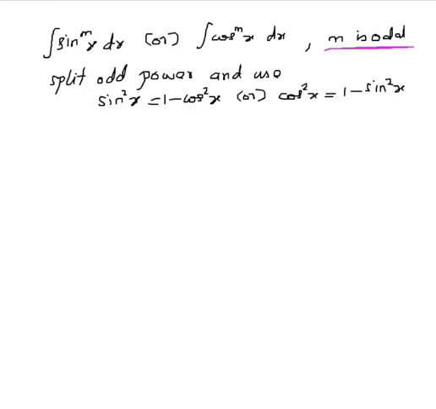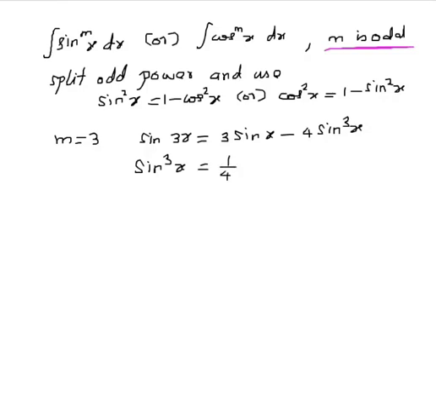This is the method. But if m is equal to 3, we may use this method, splitting the odd power method, or we may use the sine 3x identity, which is easier. Therefore, sine 3x is equal to 3 sine x minus 4 sine cube x, from which we can write the expression for sine cube x.